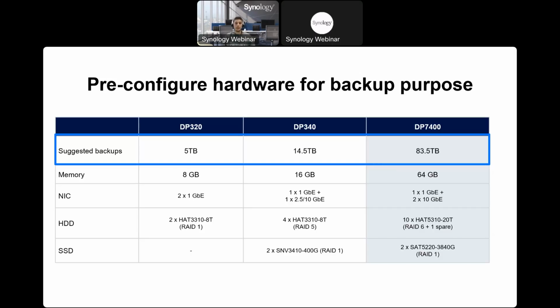The DP340 comes with 4 pieces of 8 terabyte HDDs and 2 pieces of 400G SSDs with a suggested backup capacity of 14.5 terabytes. The smallest unit so far, DP320, is equipped with 2 pieces of 8 terabyte disks with 5 terabytes of suggested capacity. Again, one more time, these configurations are designed for the best performance and reliability.